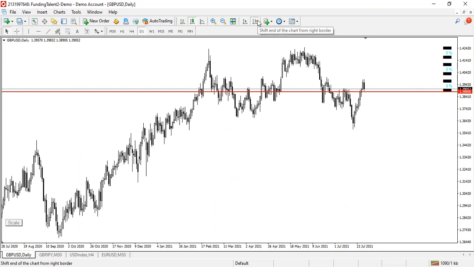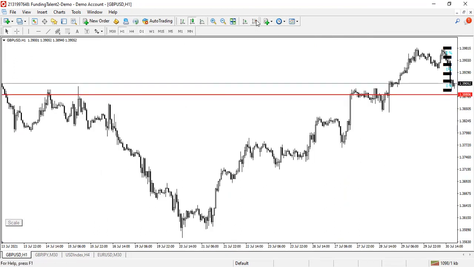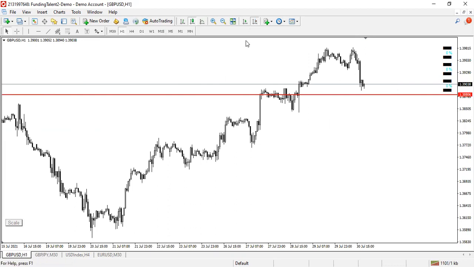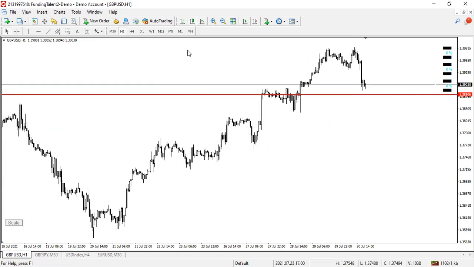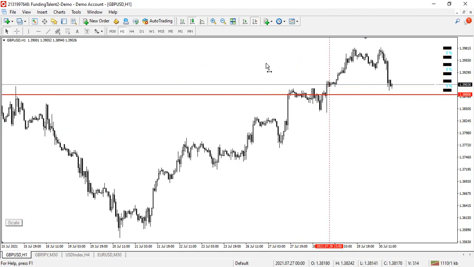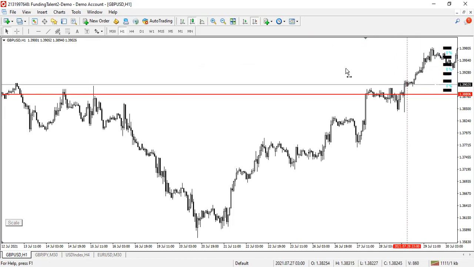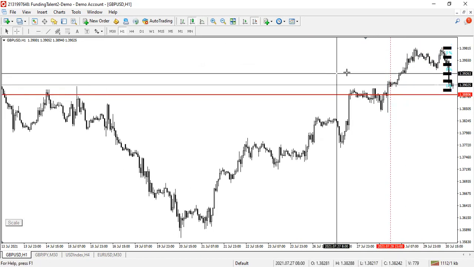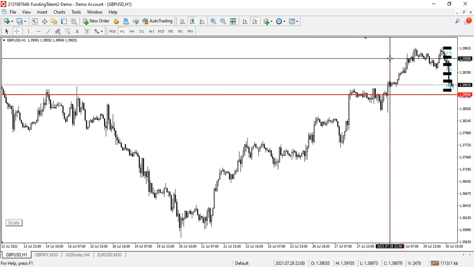Now, to know what is likely to happen on 29th, I have to go to not necessarily H4. H1 can also help me. This is 28th, 29th.